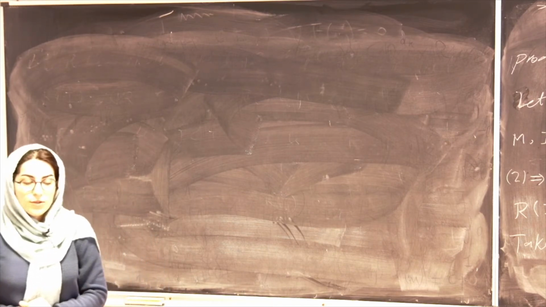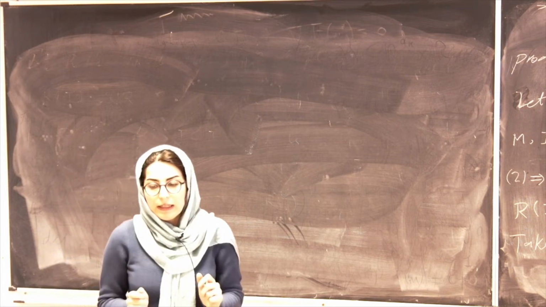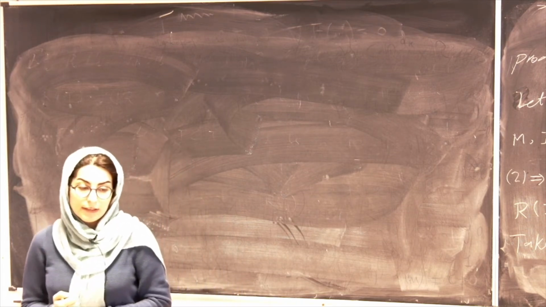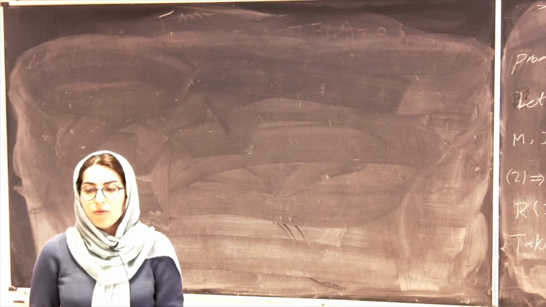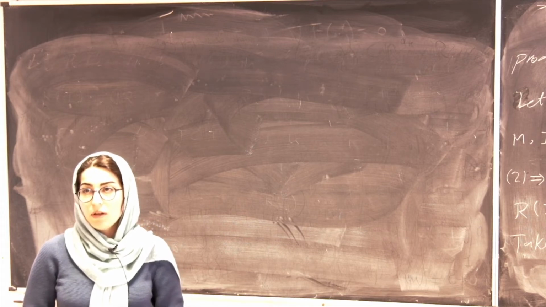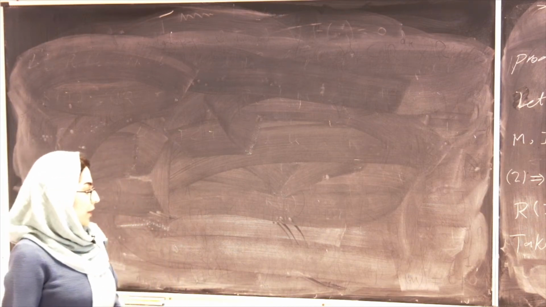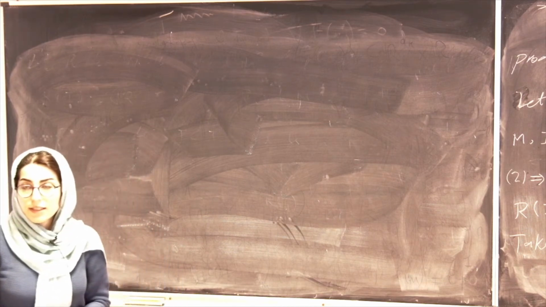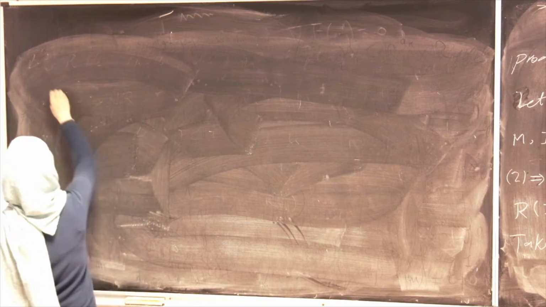Our next goal is to show that under some condition we can find a very nice reduction ideal for I, which is in fact a system of parameters for the module. So to be able to do this, I need to define the analytic spread of an ideal with respect to the module.